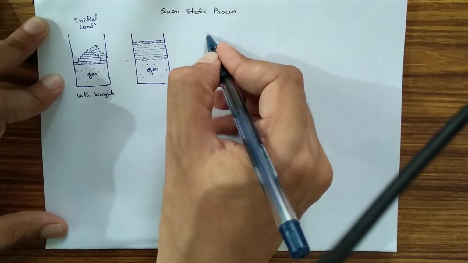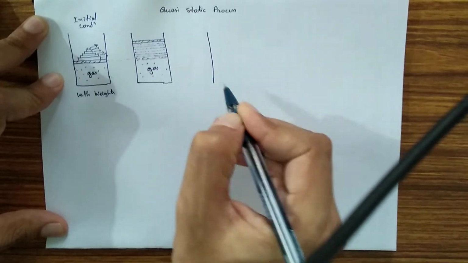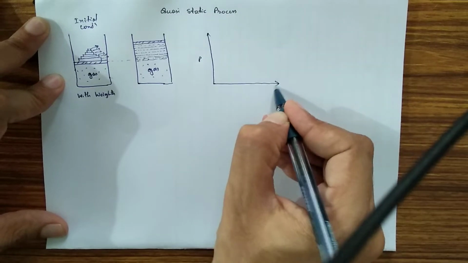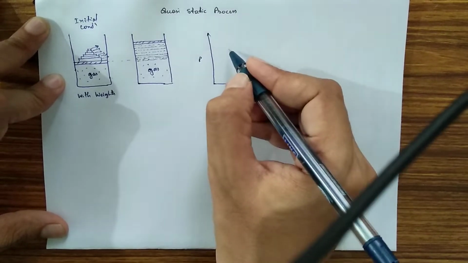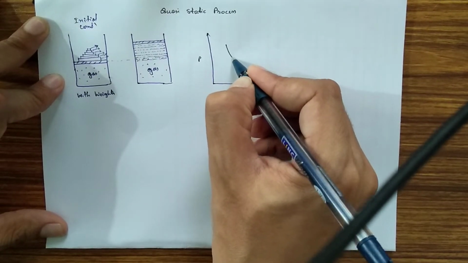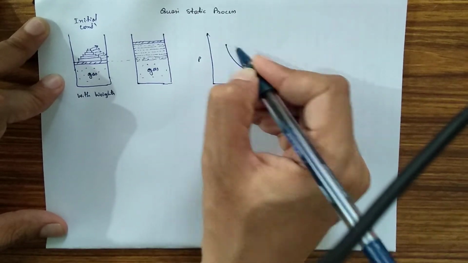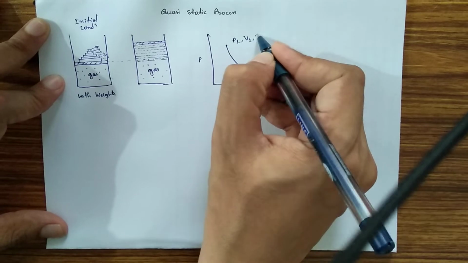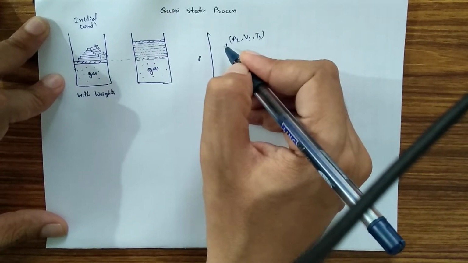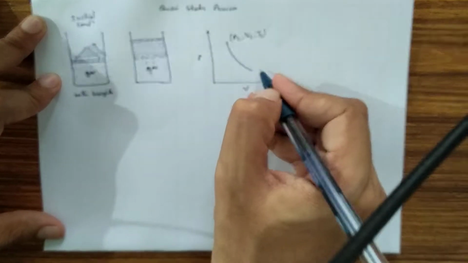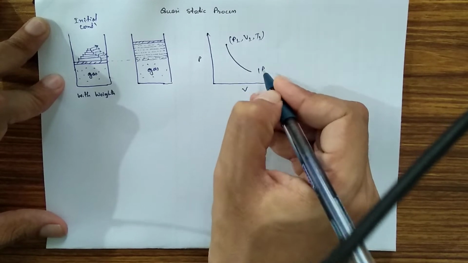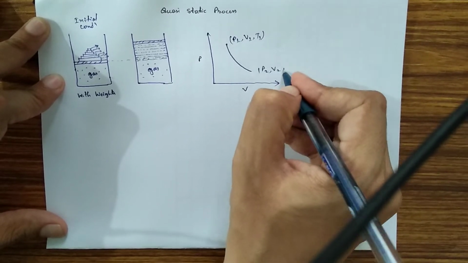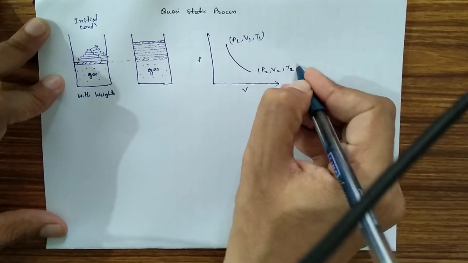We can see this in the PV diagram. This is our pressure volume curve. We will achieve this curve. Initially we have pressure P1, volume V1, temperature T1. This is the initial condition, and finally we have achieved pressure P2, volume V2, and temperature T2.